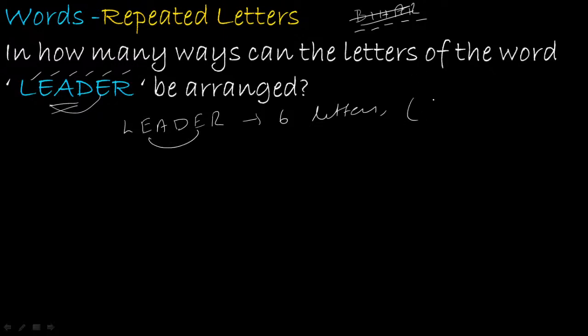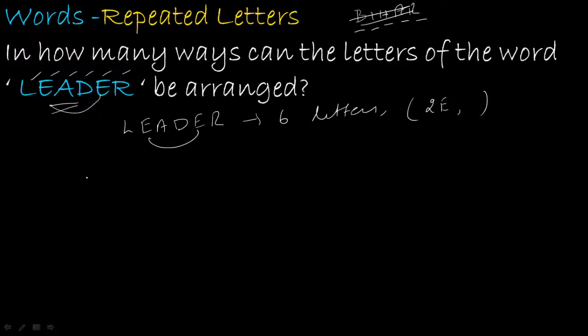Out of which the letter E repeats 2 times and the rest are different. That is, L occurs only one time, A also, D also and R also, they all occur only one time. If it is so, how can we calculate the number of permutations in such cases?